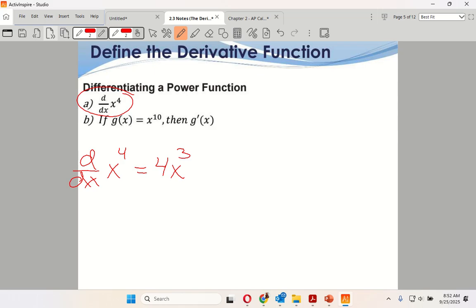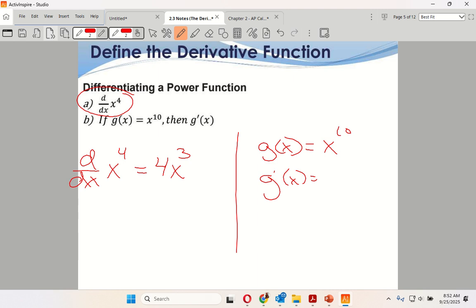All right, let's do the next one then. So if I have g of x is x to the 10, g prime of x would be, say the whole thing. What'd you forget? G prime. No? Okay, d over dx. No, that's just telling you what to do. 10x.